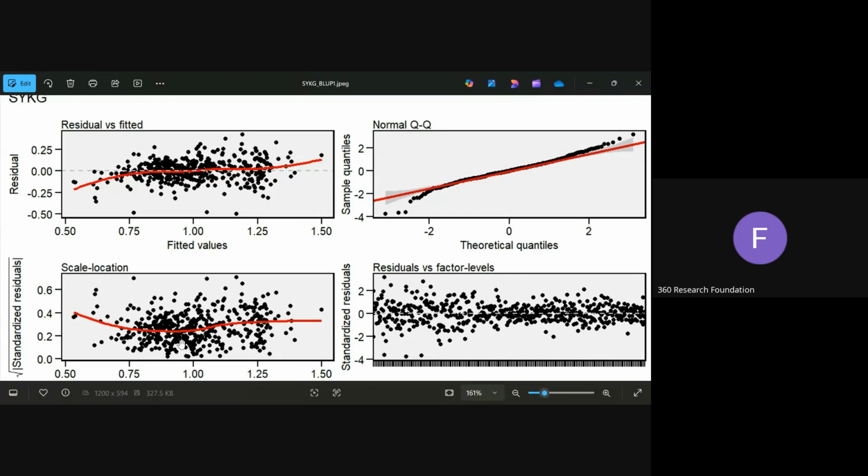Then next is the residual versus factor level plot. So what are the factors in our case? What are the different factors in our data?